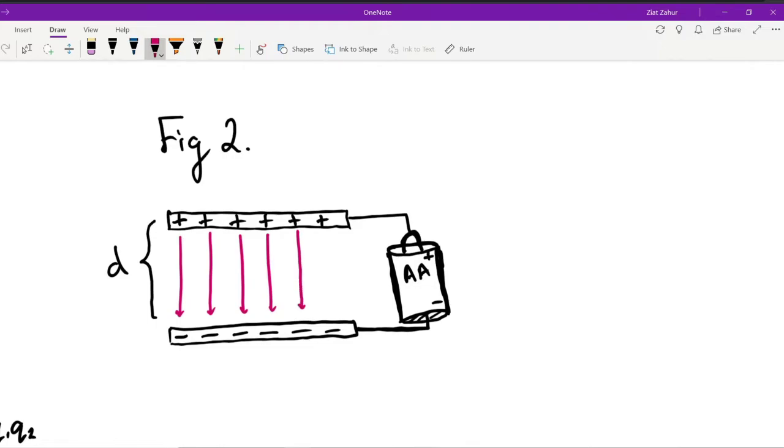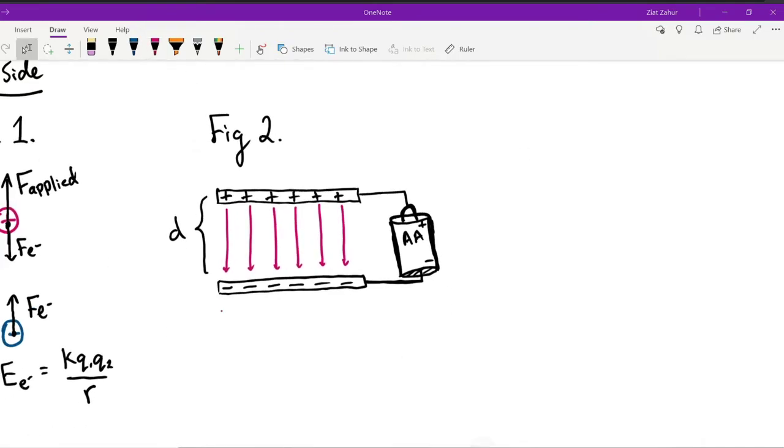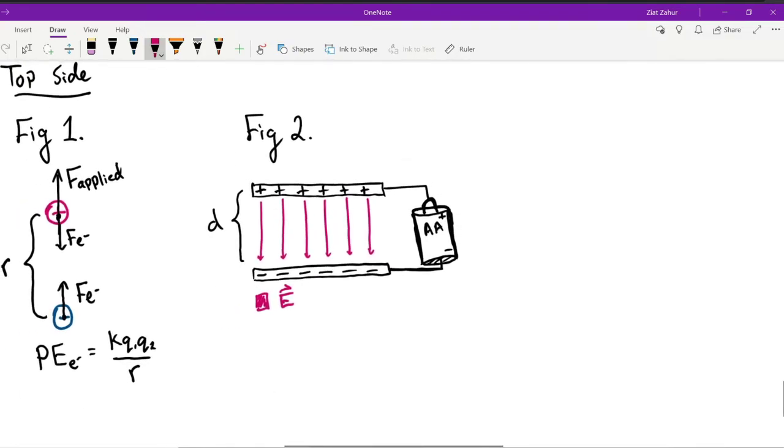Now on the inside we have a uniform electric field, right? So the purple is E, the electric field. Now E without the vector hat means energy. E with the vector hat is electric field. So those are two different things.